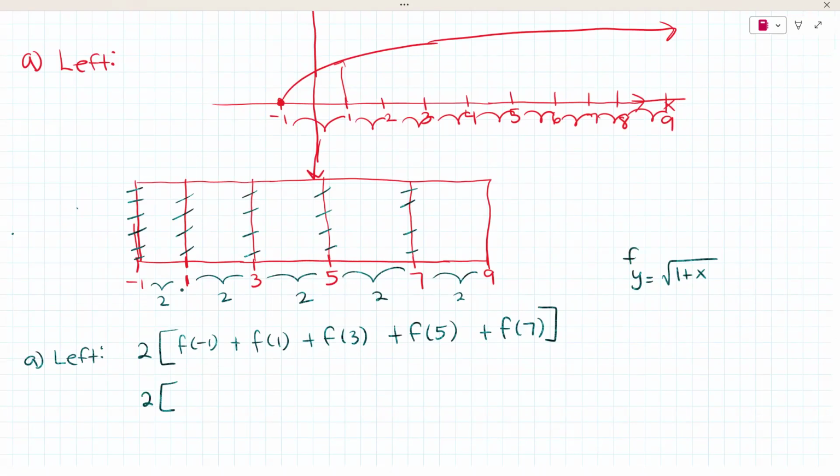If I plug in f of -1, what would that be? That is square root of 1 plus -1, which is square root of 0, which is 0.